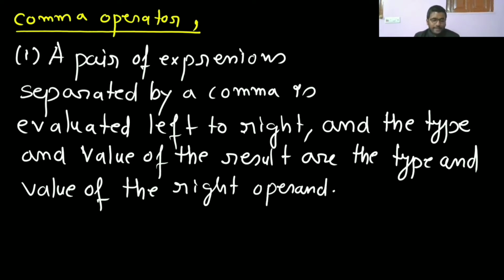So what I'm saying here is that a pair of expressions separated by a comma is evaluated left to right. The type and the value of the result are the type and the value of the right operand.